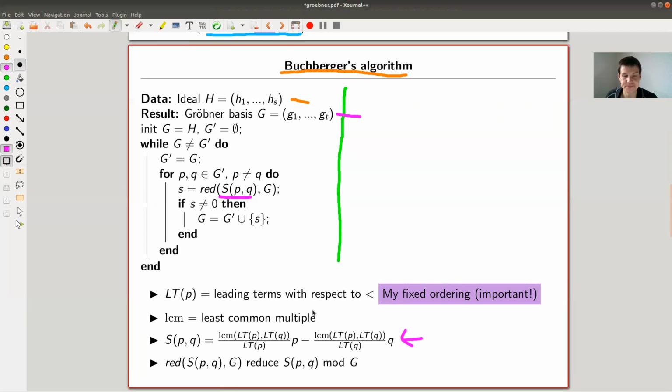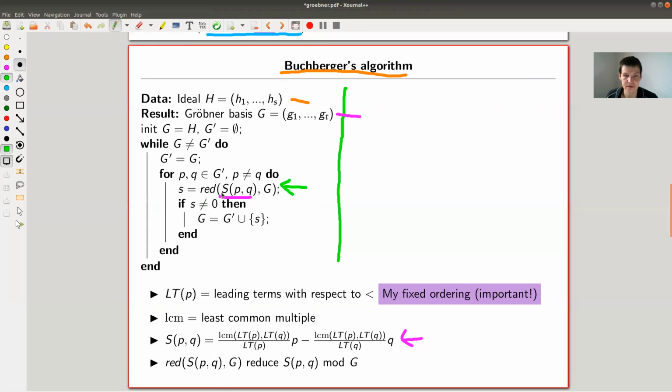Not so hard. And then you do some division algorithm on this polynomial, and whenever you get something non-zero, you actually include it in your set, and you do this until you can't include anything anymore, right?